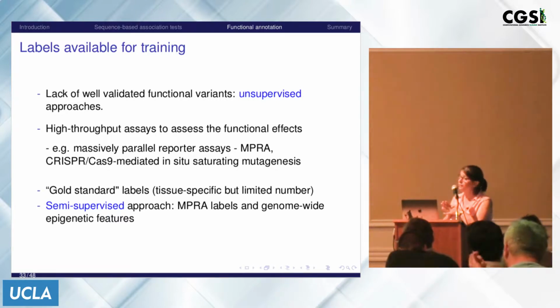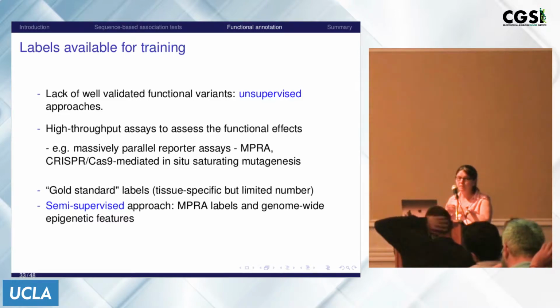So in the time I have left, I want to talk about an extension we've developed recently to the case where we have some labeled data. As I mentioned, FUN-LDA is a purely unsupervised approach. It doesn't make use of any labeled information. But suppose that for certain cell types you might have a small set of labeled variants, from, say, an experiment.